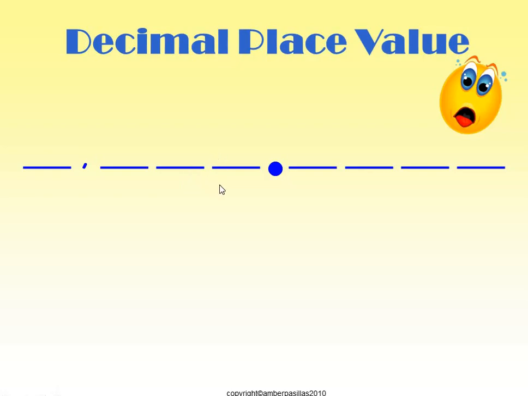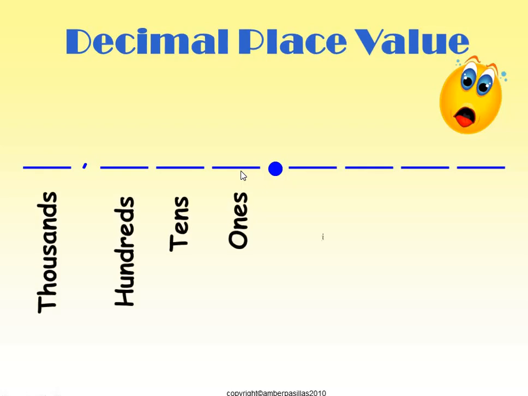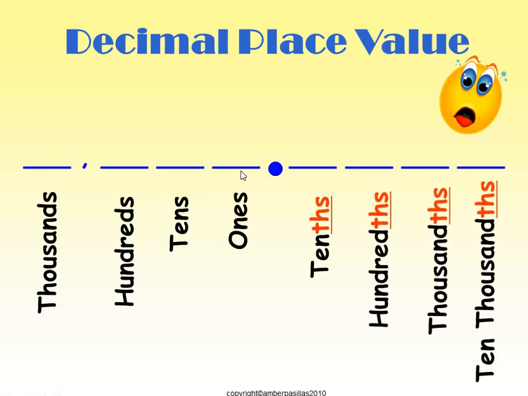So what will be the first number? It's the number that you used to see always, which is the ones, the first place value. So as you can see here, the first place value to the left of the decimal point is the ones, then the tens, then the hundreds, then the thousands, 10,000s, 100,000s, etc. But what about the place value and how I call it to the right of the decimal point?